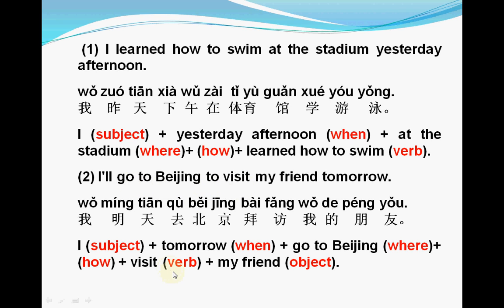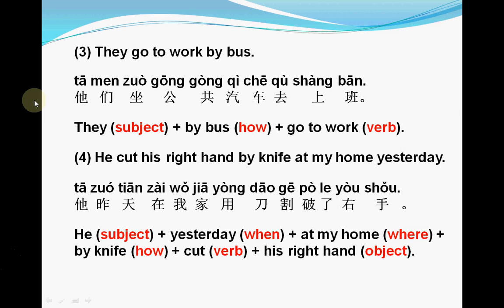In the verb, we don't have how, right? We skip this how. Then the verb, visit. Okay, my friend as object. Okay, we put the word order in the right sequence, so we translate them into Chinese. 我明天去北京拜访我的朋友. See, this is a Chinese sentence. 我明天去北京拜访我的朋友.